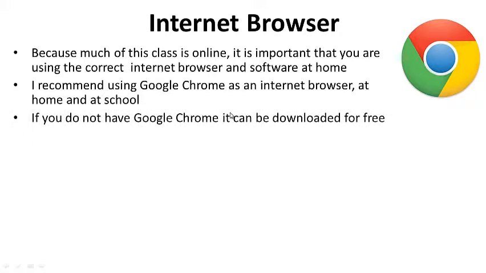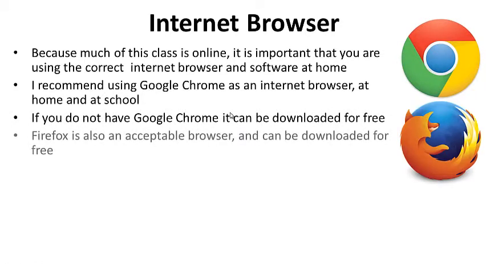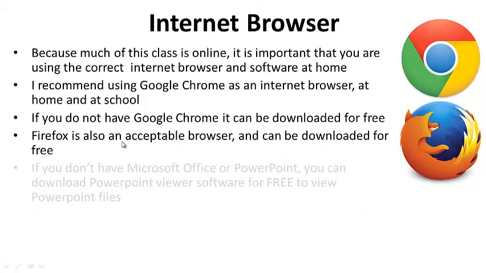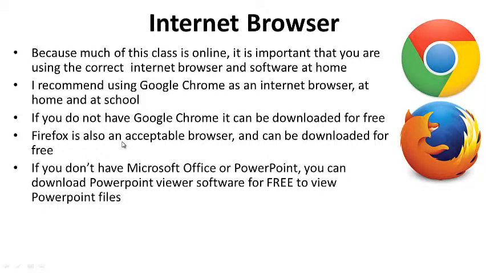If you don't have Google Chrome, you can download it for free for any computer. Firefox is also an acceptable browser and can be downloaded for free as well. Don't use Internet Explorer, Internet Explorer always has issues, so use either Google Chrome or Firefox, preferably Chrome.